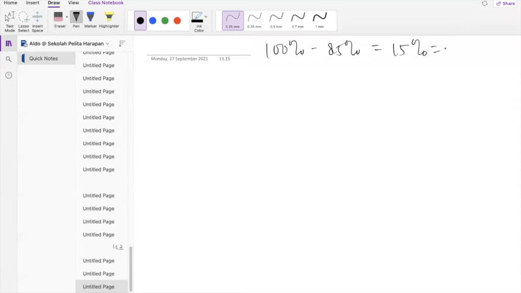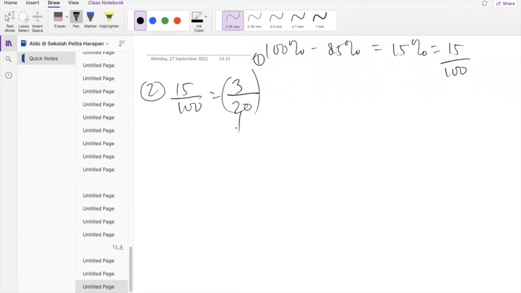Now, 15% as a fraction is 15 over 100. If we divide by 5, we have 15 over 100 is equal to 3 over 20. So 3 over 20 is the probability that the cab is yellow, or a yellow rides cab.